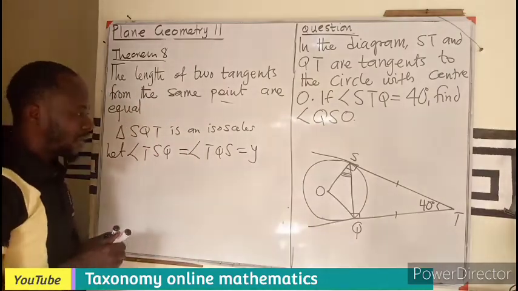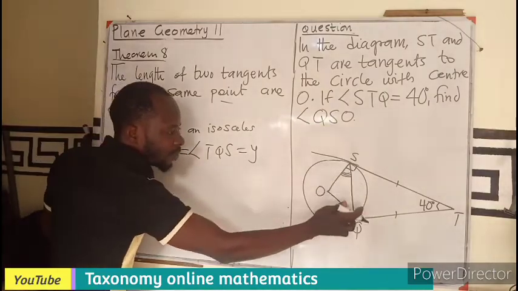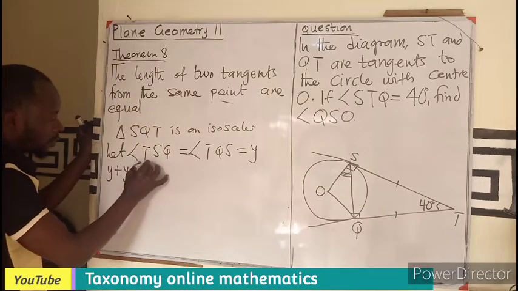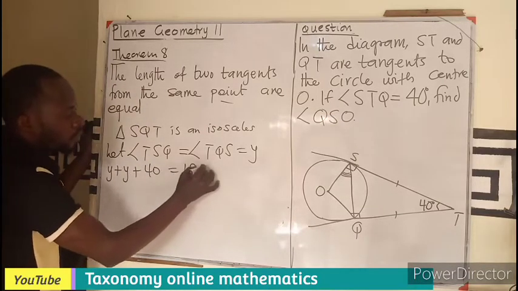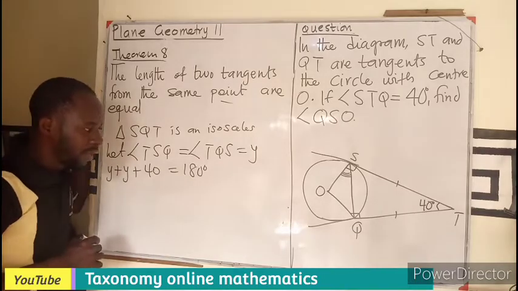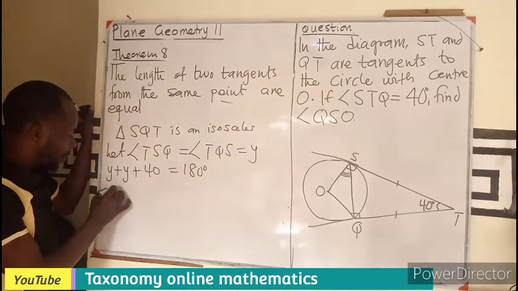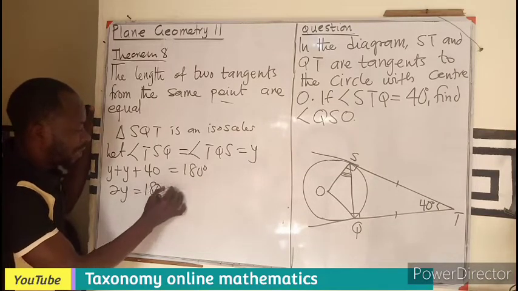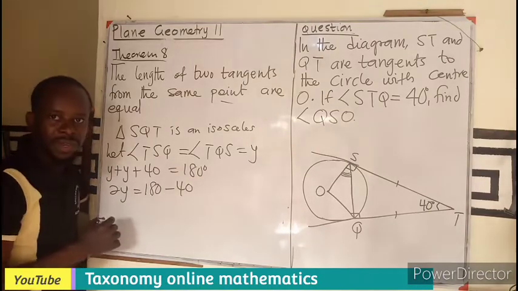So if that is out of the way, we can add this plus that to be equal to what? 180 degrees. So what do we do? This becomes 2y equals 180 minus what? 40 degrees.